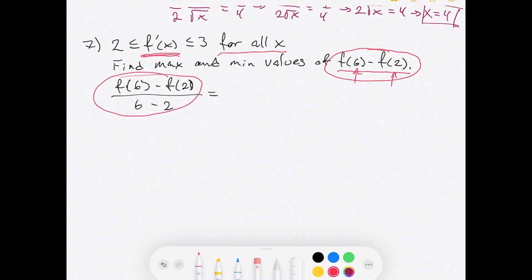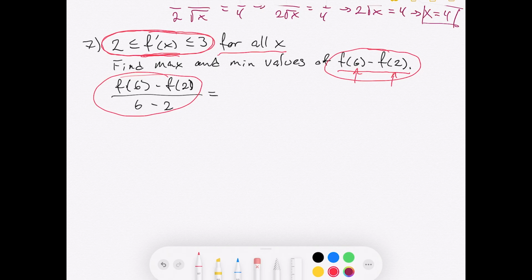By the mean value theorem, the slope between the starting and ending point is going to impact the slope of tangent lines to the curve, and we know that the slope of the tangent line to the curve is always going to be somewhere between 2 and 3. Could be 2, could be 3, going to be between them though.